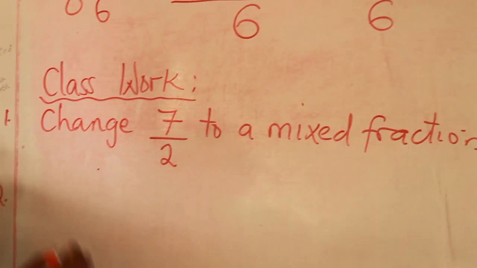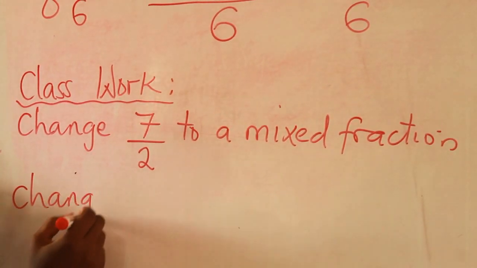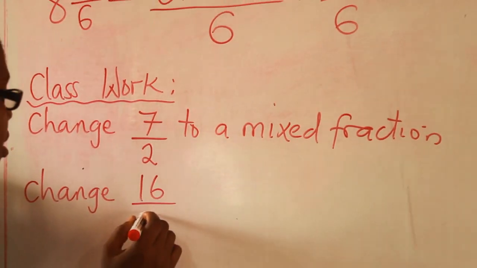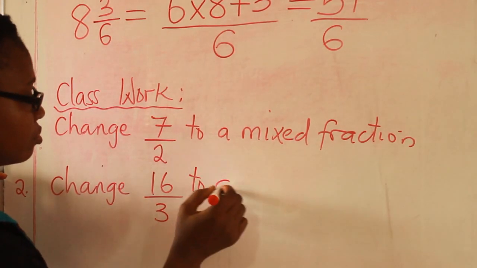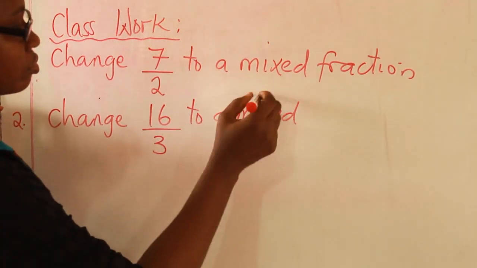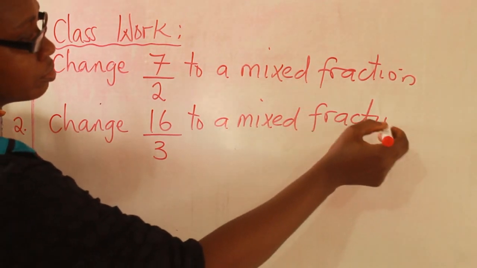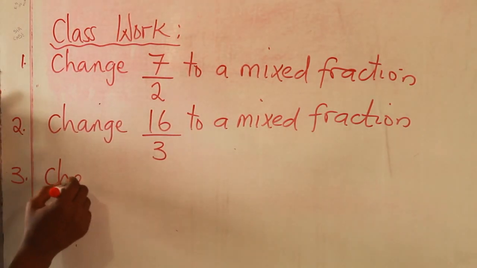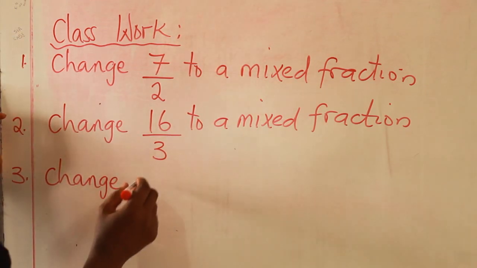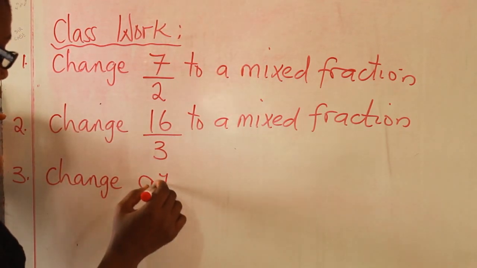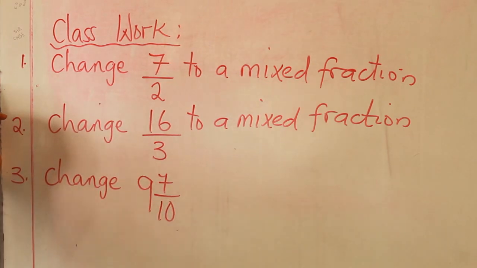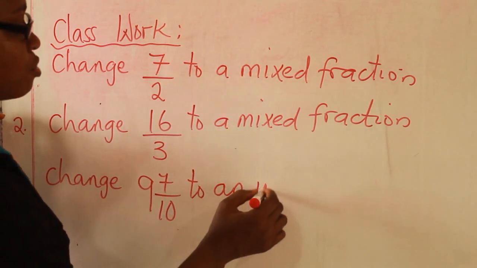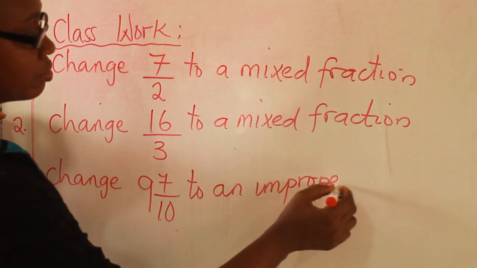Number 2, change 16 over 3. Number 3. Change 9 whole number 7 all over 10, to an improper fraction.